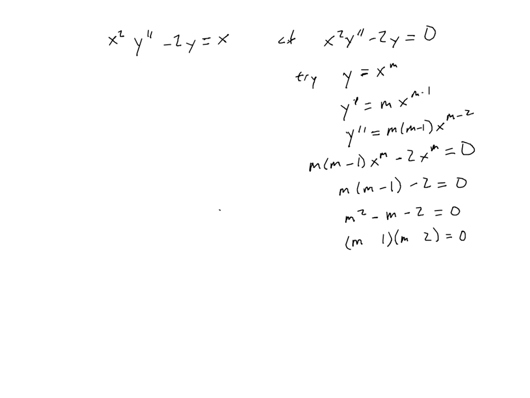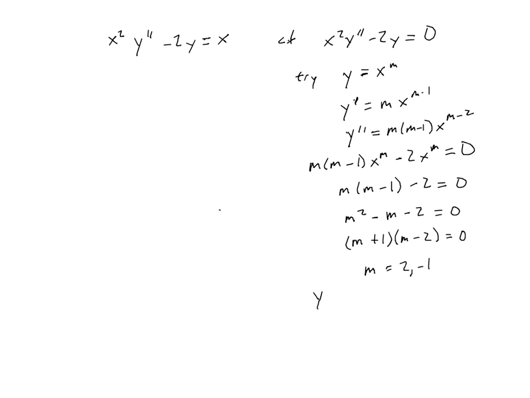I'm going to say the minus sign should be on the 2 because when I add it to the other one, it gives me negative 1. And so that's how I factored it. Therefore, I have m is equal to either 2 or negative 1. And that's the complementary solution.